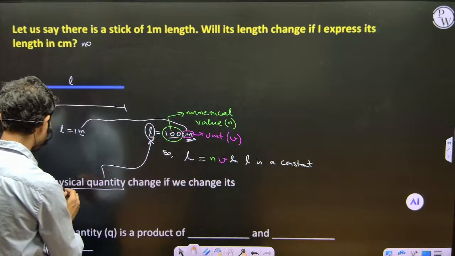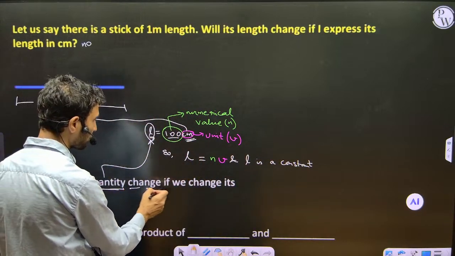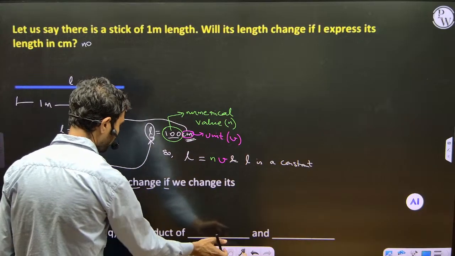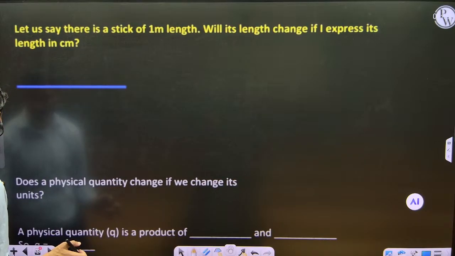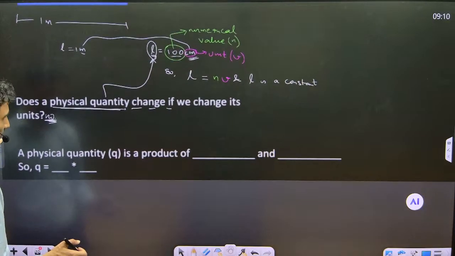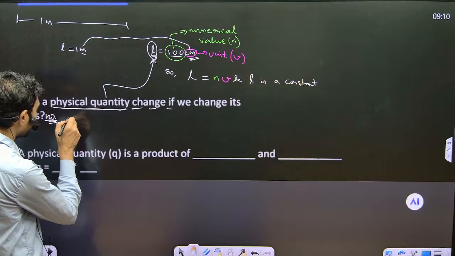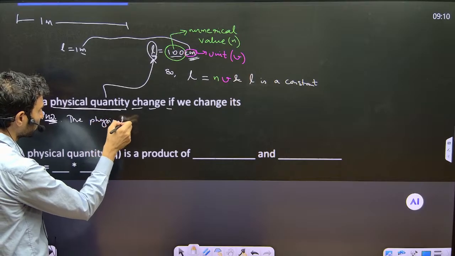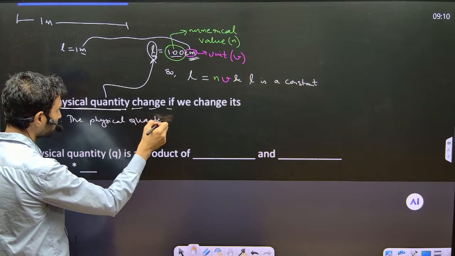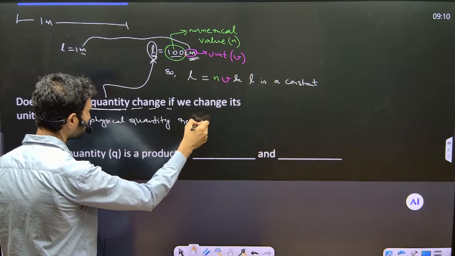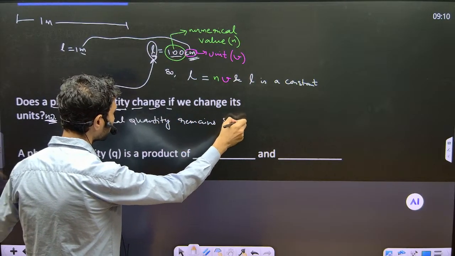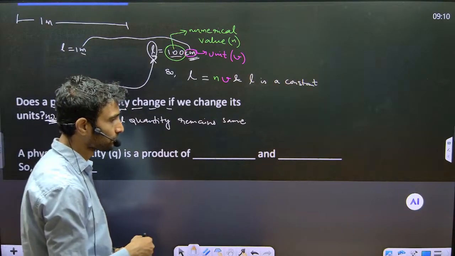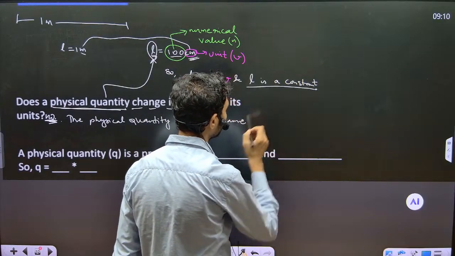Why is it a constant? Because the physical quantity remains the same. L doesn't change. L is a constant.